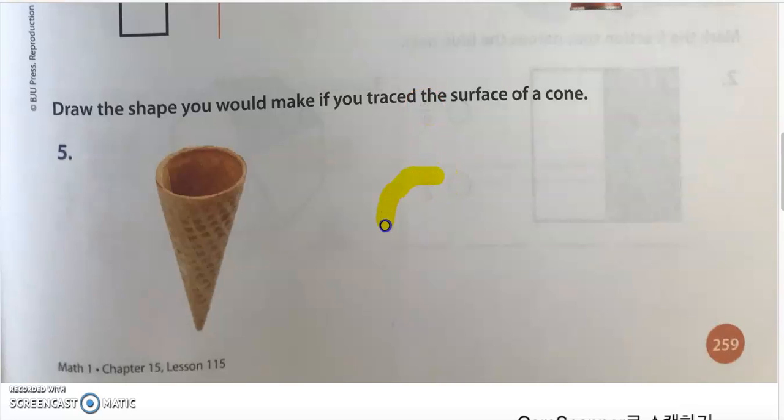Yeah, you would get a, let's see if I can draw a good circle. Circle, yeah. So the question is asking you if you were to trace the surface, which is over here, then you would get a circle.